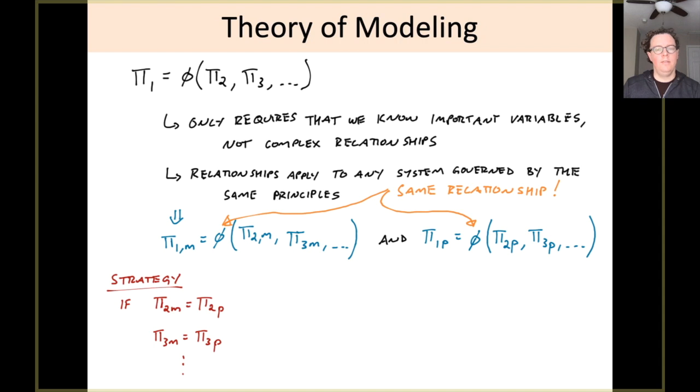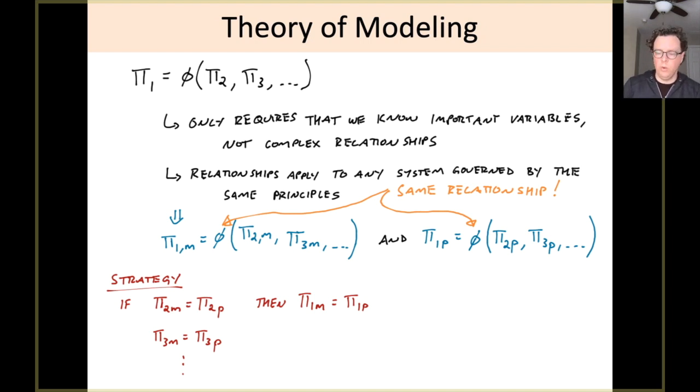And the really core assumption here is that if you can get those pi terms equal between the model and the prototype, so written in red, for example, if we can get pi2 for the model equal to pi2 for the prototype, and pi3 for the model equal to pi3 for the prototype, it stands to reason that the thing we care about, the dependent variable, the left-hand side for the model, should be relatable to the left-hand side for the prototype.